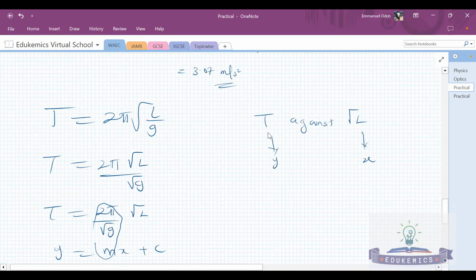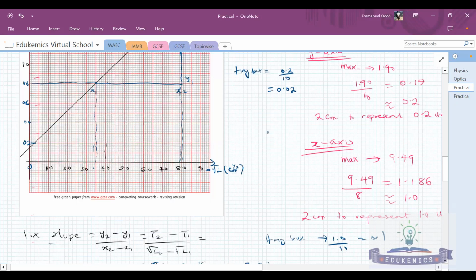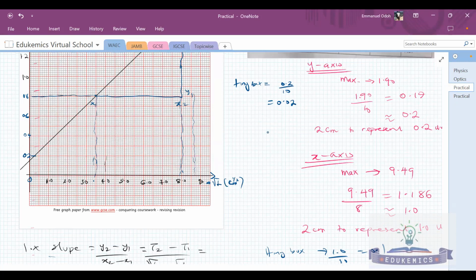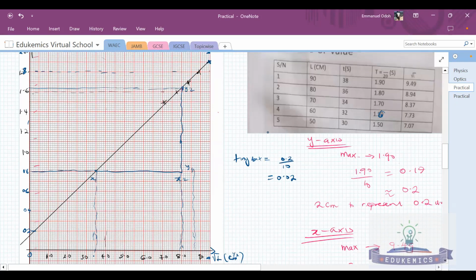Then you go to your graph and locate 8.66, somewhere like this, and trace it up until where it touches the graph. You must use a ruler.